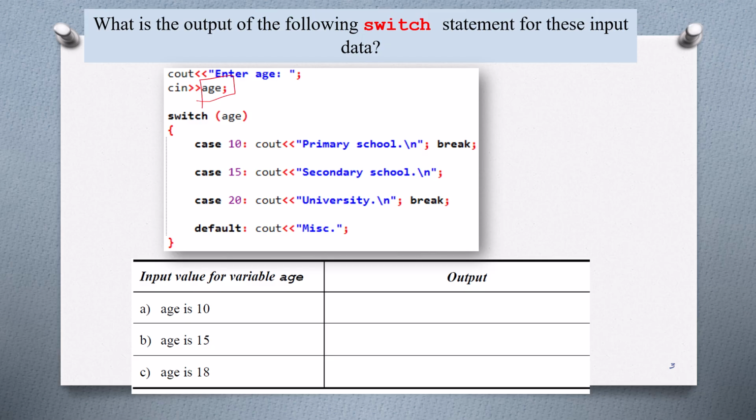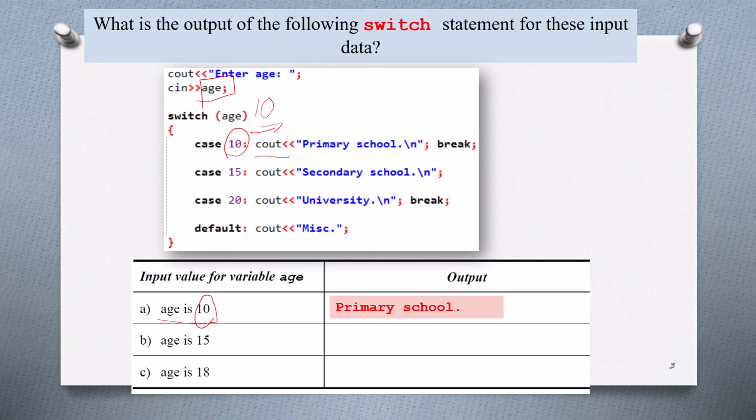If age is 10, check whether there is any case that complies with the value 10. It matches case 10, so execute the statement here. It will display primary school.